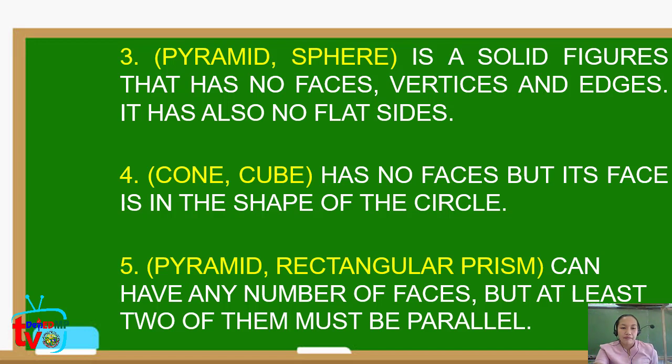Number 4. Cone, cube, has no faces but its face is in the shape of the circle. Number 5. Pyramid, rectangular prism, can have any number of faces, but at least 2 of them must be parallel.